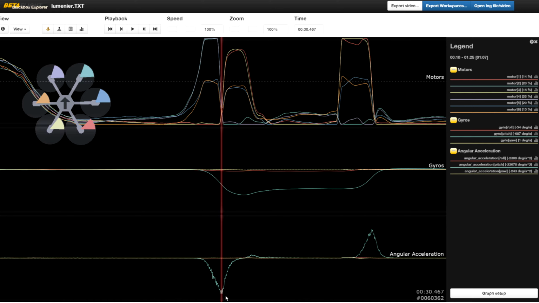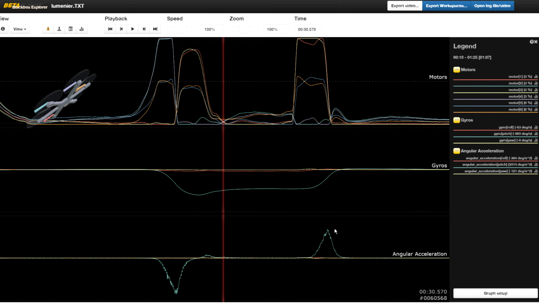But interestingly, we have the same results for all of these fast moves, that we never actually peak out on our acceleration. These moves happen over such a short range of time, even though we're going nearly 1,000 degrees a second from a standstill, we actually don't have enough time to reach our full acceleration.